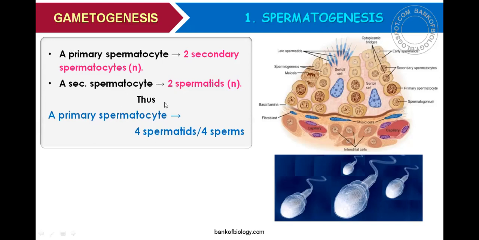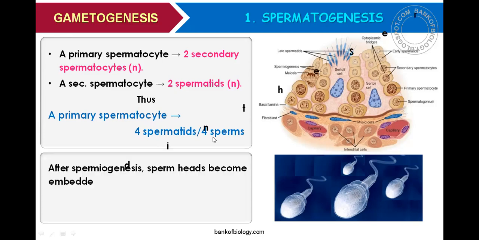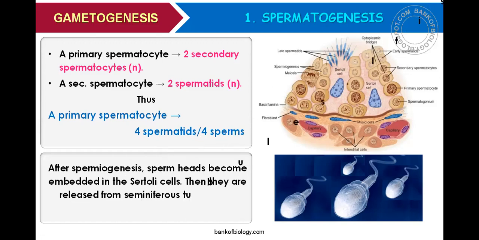Later, spermatid will mature and differentiate into spermatozoa. Finally, a primary spermatocyte results in the formation of 4 sperms. This can also be a question: how many spermatids are formed from each secondary spermatocyte? How many secondary spermatocytes are formed from each primary spermatocyte?